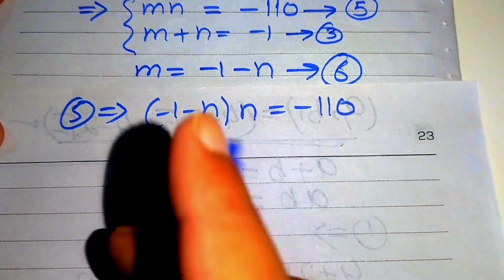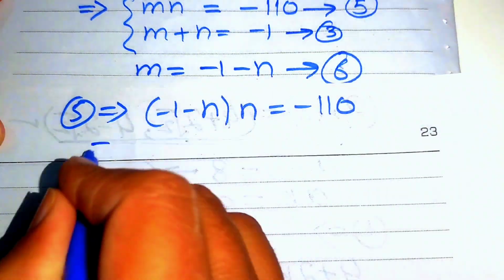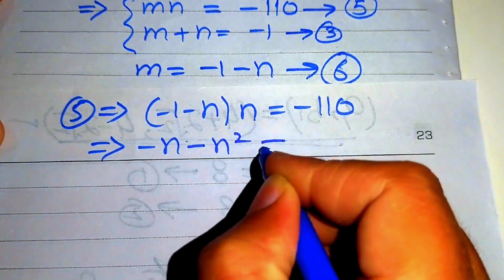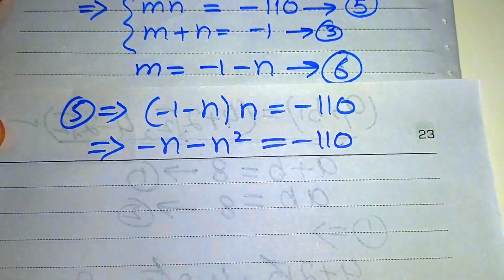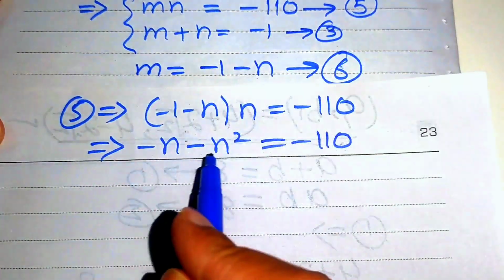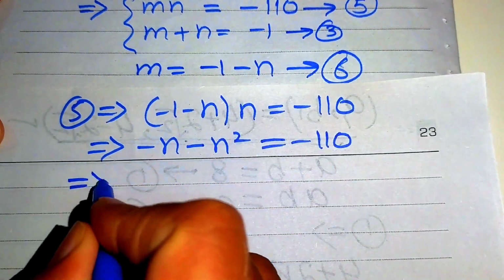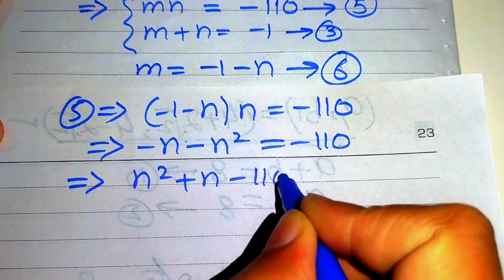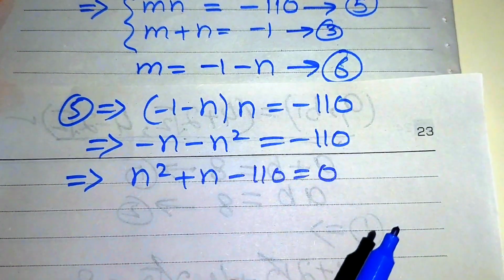In the next step we multiply this n on both terms and we obtain minus n square minus n equals minus 110. And now we move these terms to the right hand side and it becomes n square plus n minus 110 equals 0.